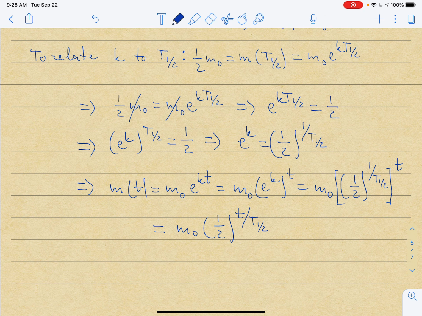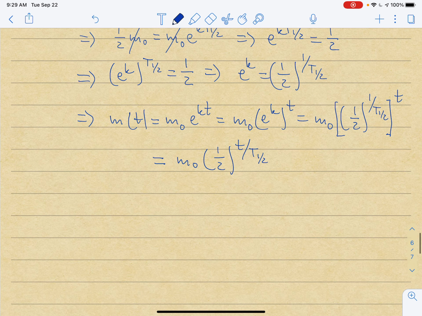And this kind of makes sense. So t over t 1/2 tells you how many half-lives are going to fit into the time little t. And after each half-life, the amount of material is going to be divided by half. So if, for example, t is 3 times t 1/2, 3 half-lives have passed, and then you get 1/2 cube, so 1/8. So after 3 half-lives, you have 1/8 of the initial amount of material.